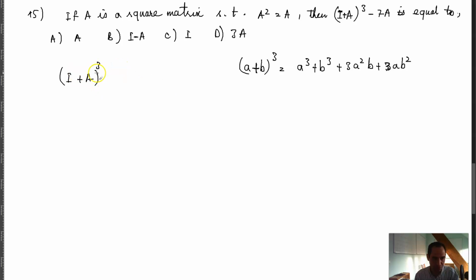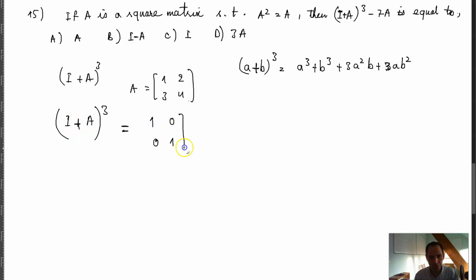Meaning that if I write, for example, I plus A, and let's say that A is a matrix like 1, 2, 3, and 4, and I write it as whole cube. That, of course, is going to be equal to, if I write the matrices, 1, 0, 0, 1 plus this matrix, which is 1, 2, 3, and 4.